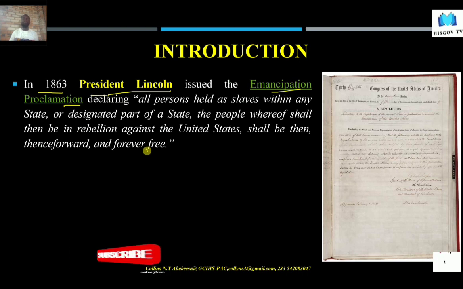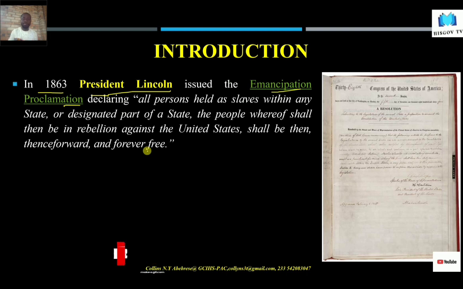This Emancipation Proclamation brought freedom to most enslaved African Americans in the U.S. at that time. But there was a problem in the sense that the Emancipation Proclamation could not grant freedom to all the slaves in all the states in the U.S.